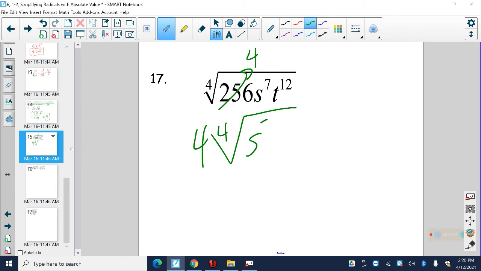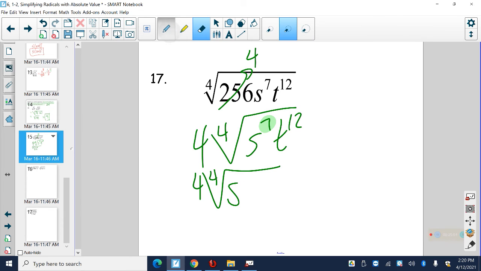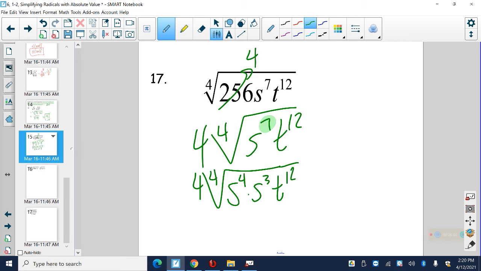Now, this is where things are going to get ugly. Why are things going to get ugly here? This power is not divisible by that index, is it? So we're going to make it divisible by it. So that's going to be s to the 6th, which that doesn't work either, does it? It's going to be s to the 4th. Then how many s's are left? There's 3. 3 more. Is 12 divisible by 4? Yes, so you're going to leave it.